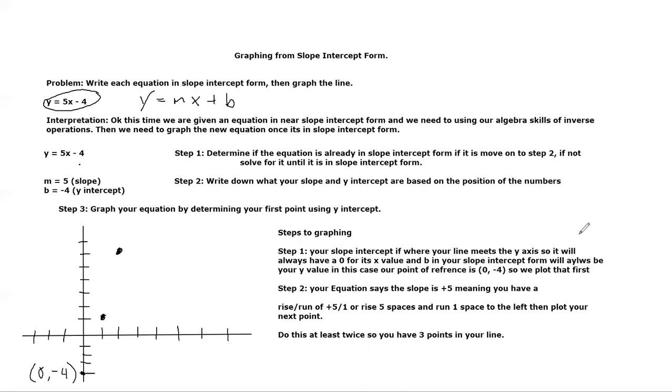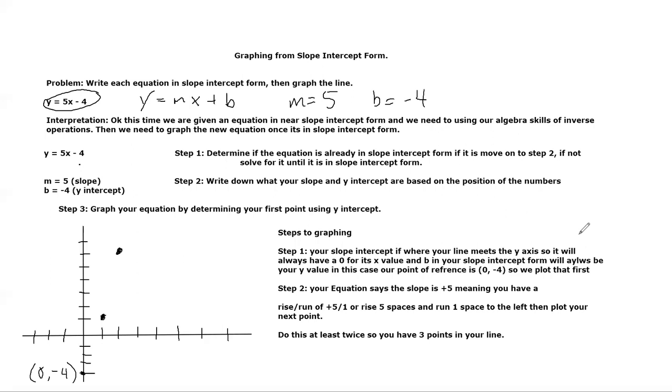We have a value for m. Our slope is 5, right? Because it says it in the equation. In the place where the m should be, we have a number 5, which means that our slope is 5, and we have a y-intercept, a b value of negative 4. So they gave us a lot of information there. They just did it in equation form.